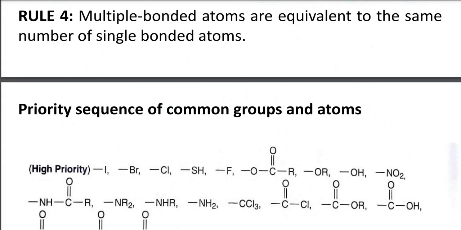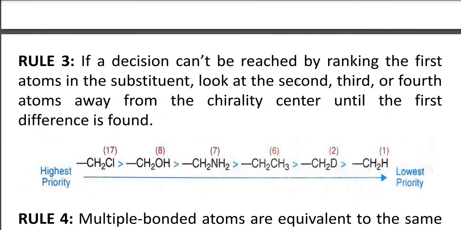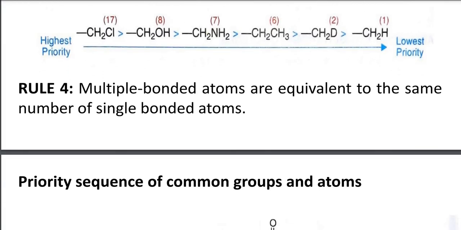Now rule 3: if a decision cannot be reached by ranking the first atom in the substituent, look at the second or third or fourth atoms away from the chirality center until the first difference is found. So highest is CH2Cl, CH2OH, CH2NH2, CH2CH3, CH2D and CH2H. So now we are moving away from the chiral carbon, to the nearby carbon.